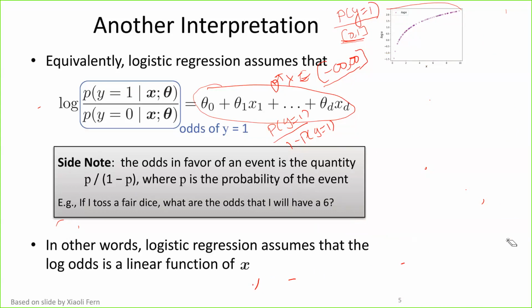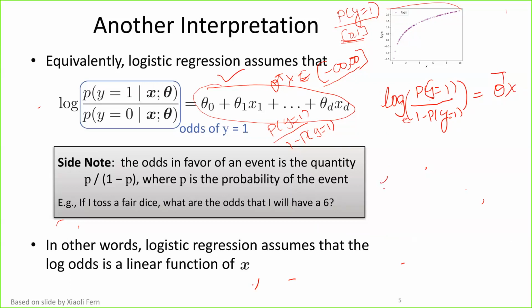Okay, fine. So now we know that log of probability of y equivalent to 1 divided by 1 minus probability of y equivalent to 1 is equivalent to theta transpose x, which is theta naught plus theta 1 x1 plus so on, theta d xd. So can I apply the exponential on both sides?